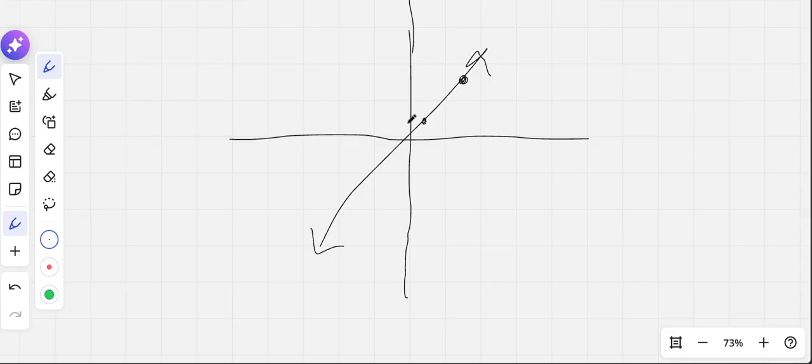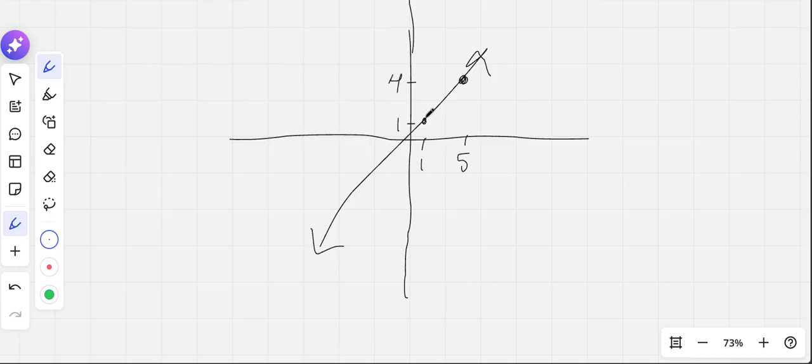Let's say this is 1 on the y-axis and this is 4 on the y-axis. On the x-axis, let's say this is at 1, so this coordinate is 1, 1. And for this one, it's at 5. So the coordinate for this is 5, 4, and the coordinate for this is 1, 1.